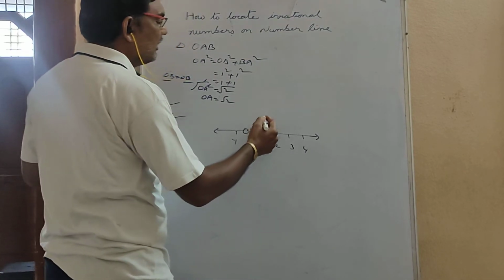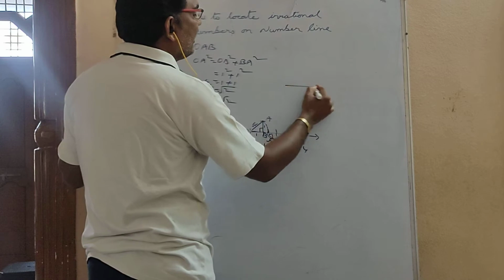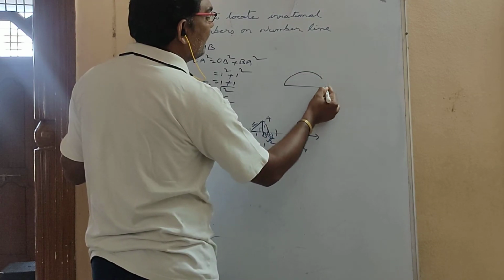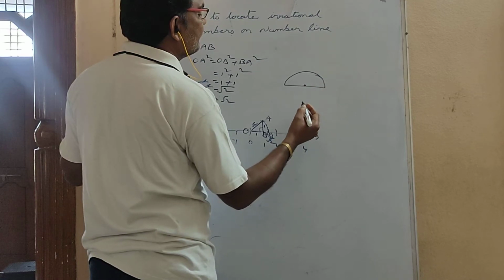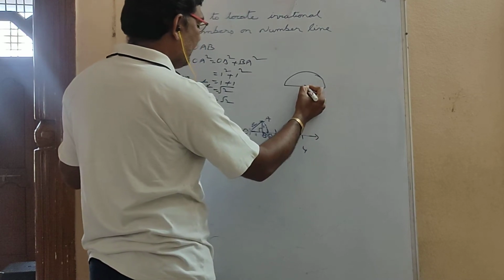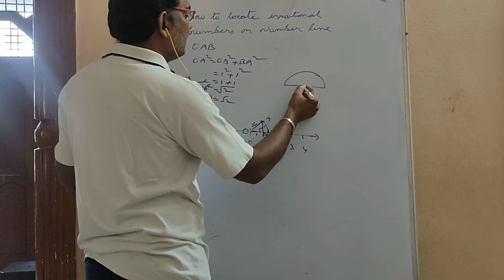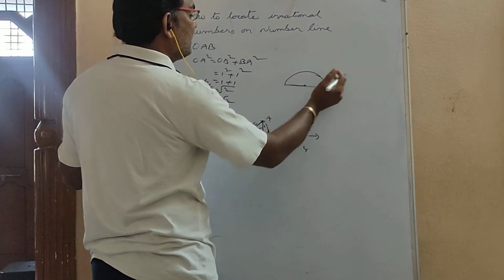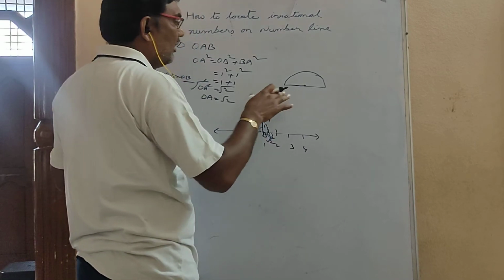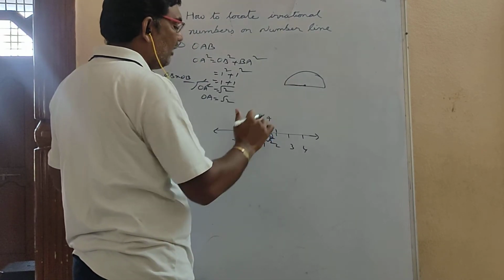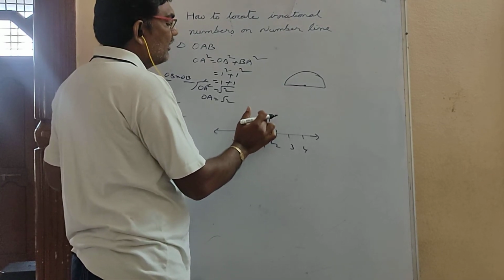Same method. Take the protractor. The middle point will be here. This middle point should coincide with A, and two lines will be there, one on this side and one on this side. This side line should coincide with OA.